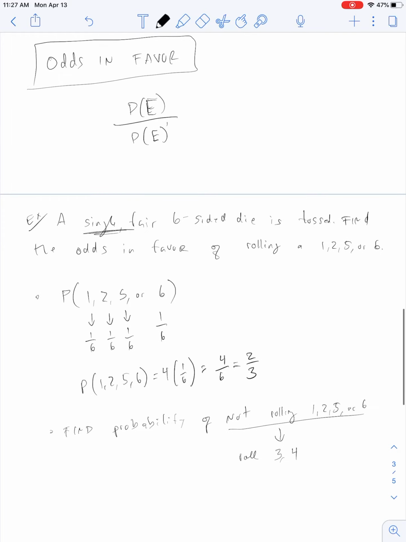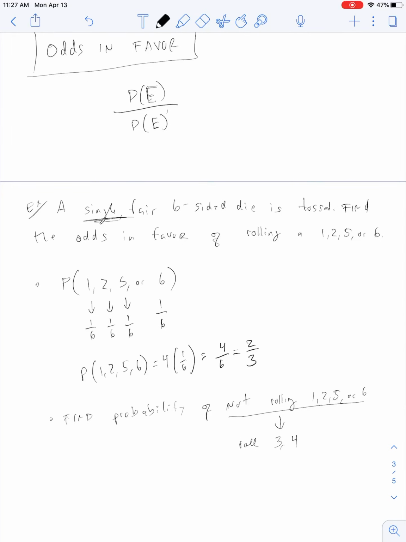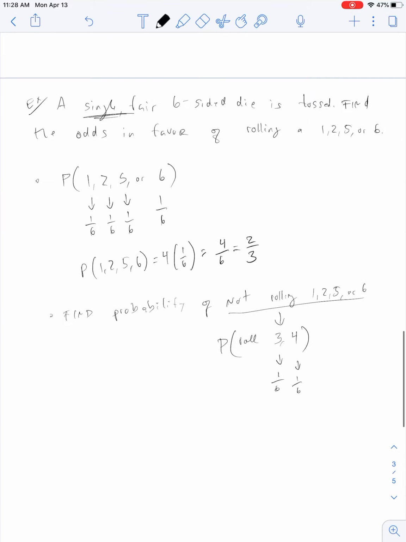A 3 or a 4, right? Because if you don't want a 1, 2, 5, or 6, that means you want to find the probability of getting 3 or 4, which is 1 over 6 each. So the probability of getting a 3 or a 4 is 1 over 6 each.